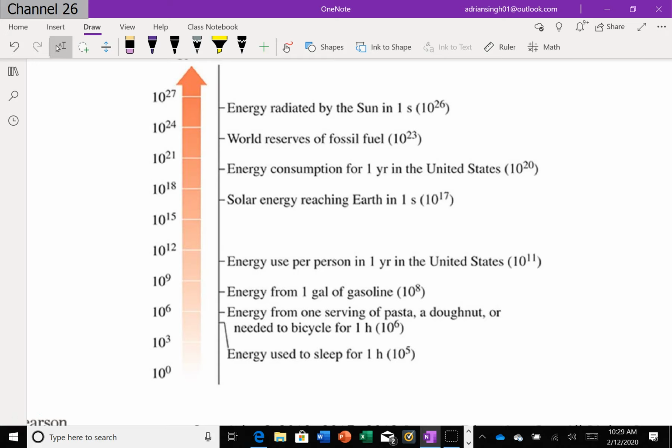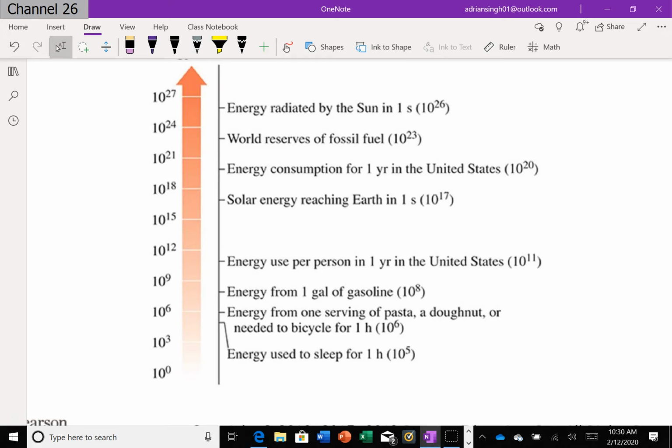It says the energy radiated by the sun in 1 second is 10 to the 26. So the sun puts out in 1 second 1,000 times more energy than all the fossil fuel on our planet.